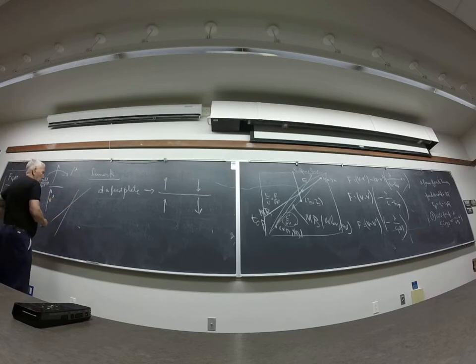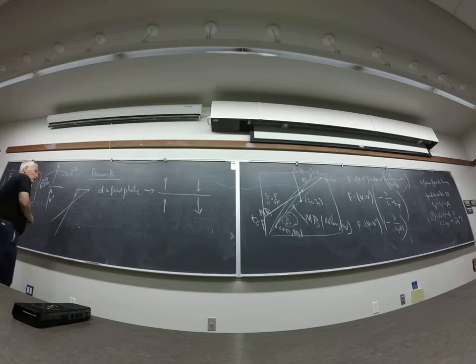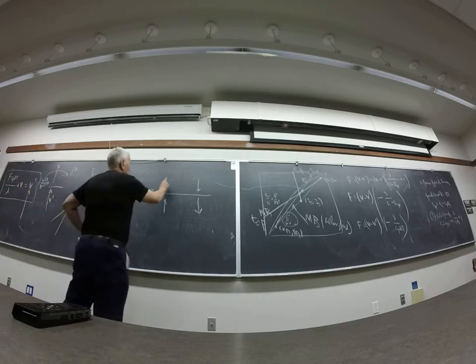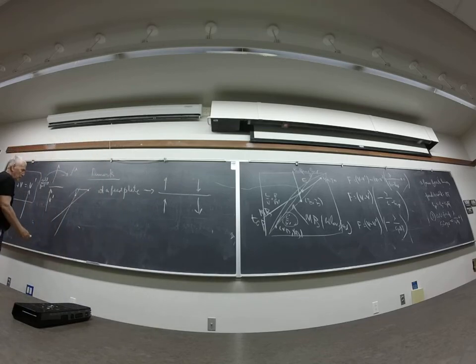Here is a possible feed plate. This is the bottom line, this is the top line. There's a legitimate feed plate. This is the equilibrium curve out here because this and that are in equilibrium. That's a feed plate. Here's another feed plate.